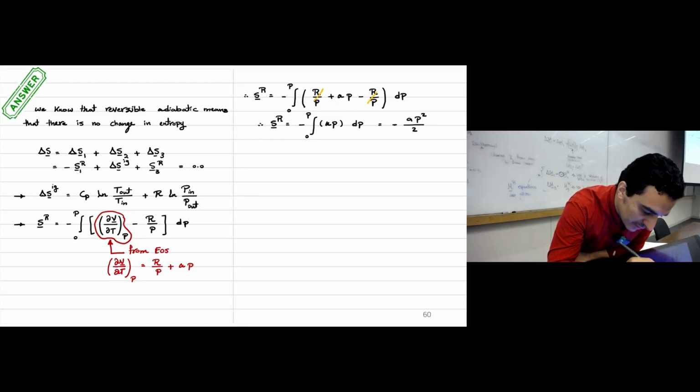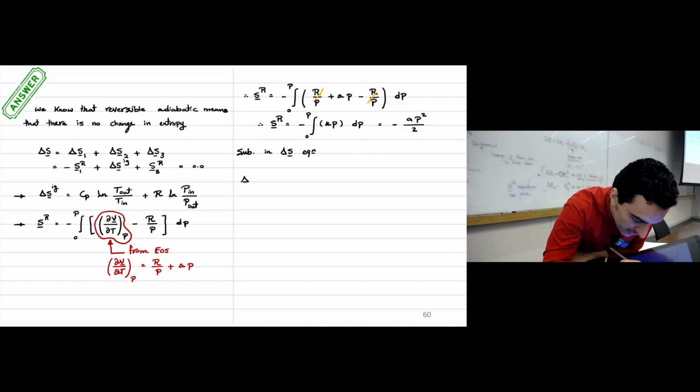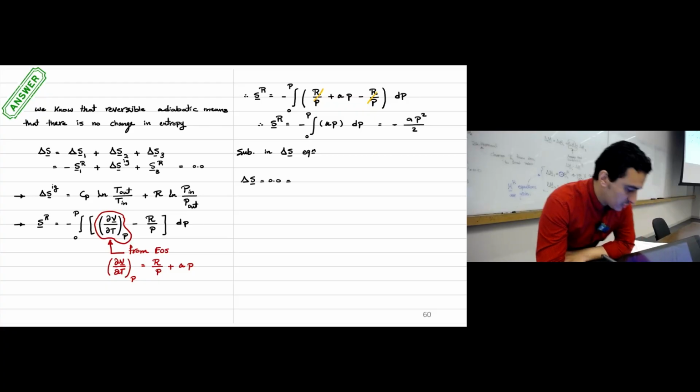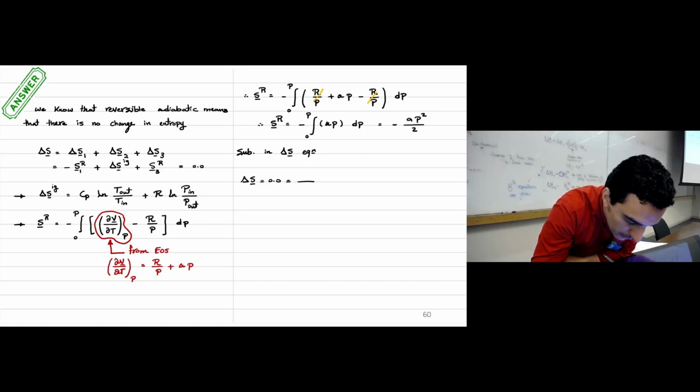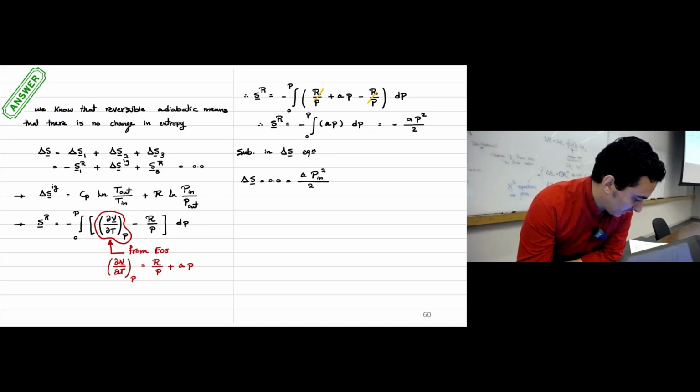So substitute in the delta S equation. We have delta S, which is equal to 0, equal to negative S1 residual. Negative of negative will be positive, so A times inlet pressure squared over 2, plus delta S ideal gas.